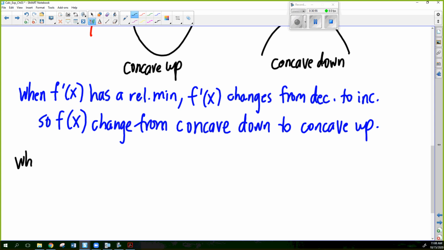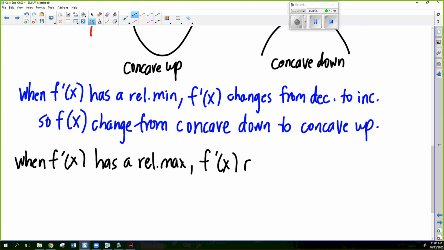So when f prime of x has a relative maximum, that means the derivative itself changes from increasing to decreasing.